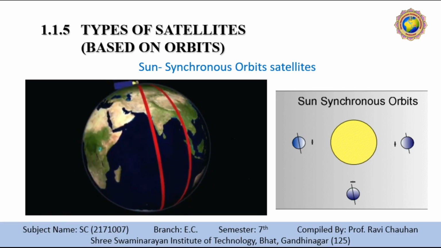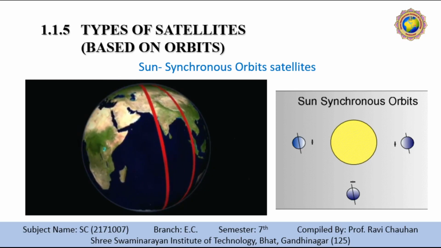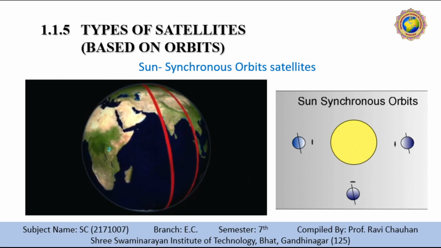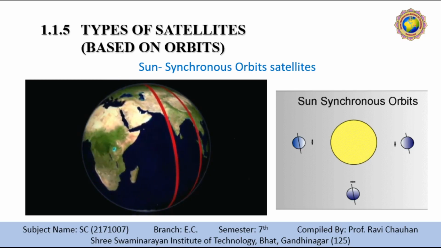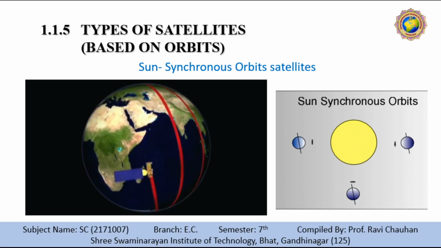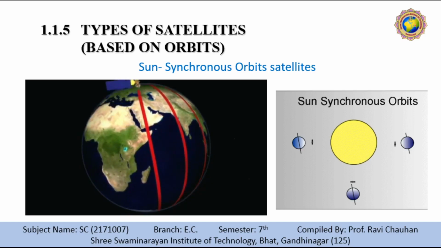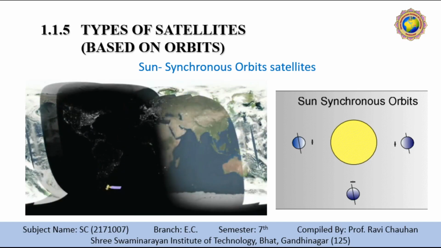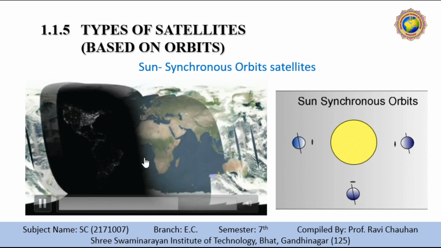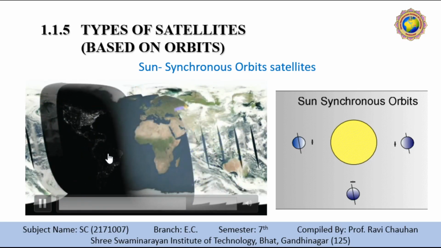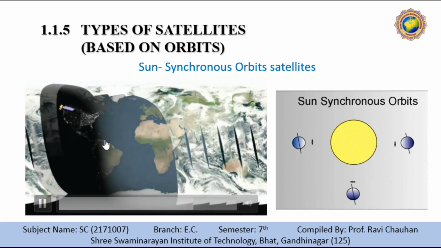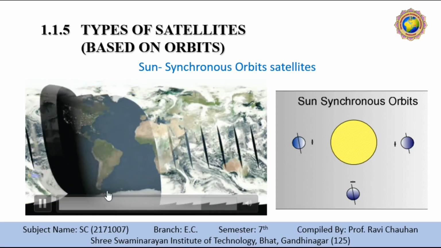Turn by turn it will cover the entire region. Next it will show the coverage area. Look at the sun moving in this direction, our satellite is also moving in the same direction. Look at this. It is the sun. It is a day.